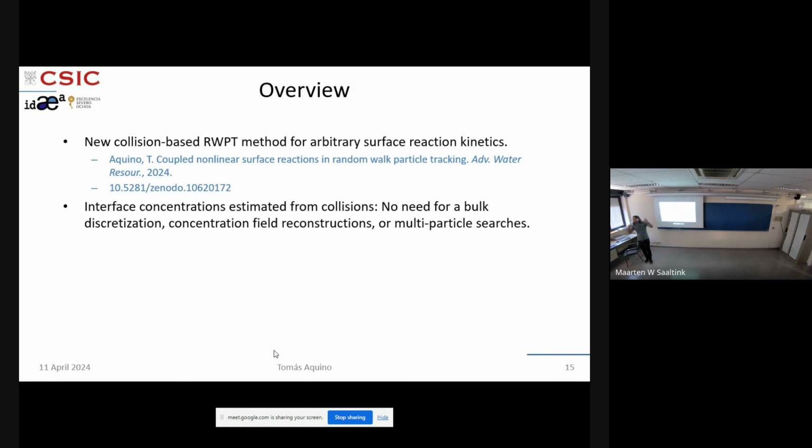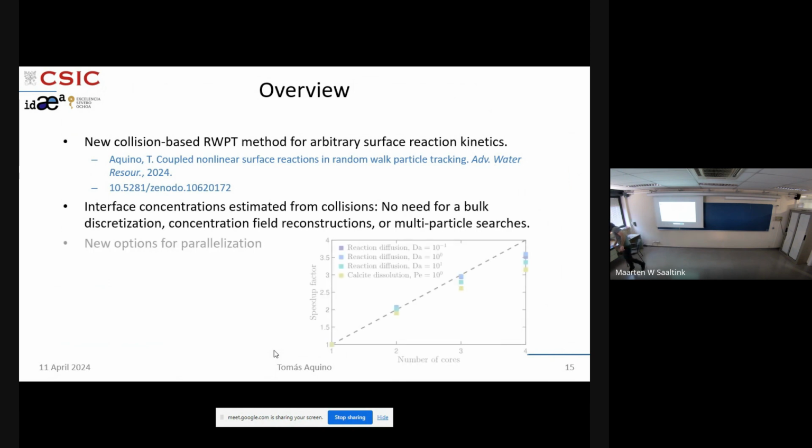And you don't need to go around looking for pairs of particles or sets of particles, which can be computationally distinct. Because you have this linear way of summing over particles, even though you get a nonlinear effect from looking at the concentrations, it gives you some new ideas on how you could go about parallelizing these things.